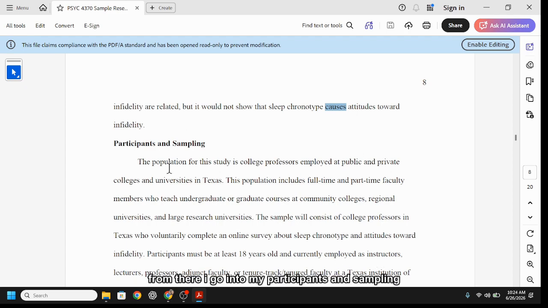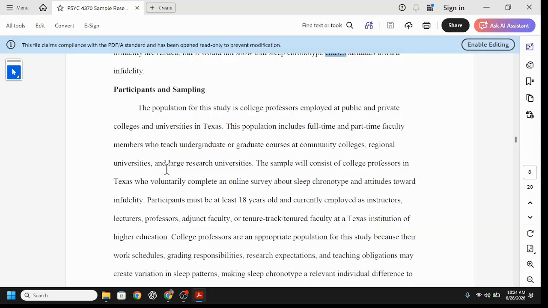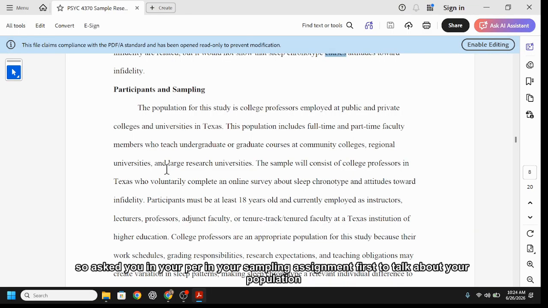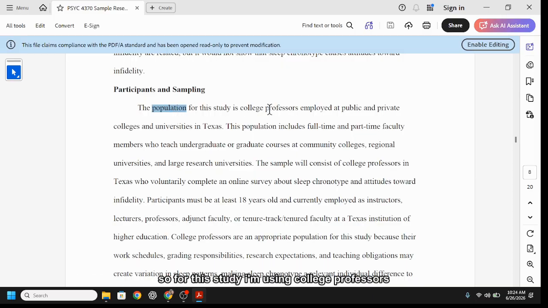From there, I go into my participants and sampling. So I asked you in your sampling assignment first to talk about your population. For this study, I'm using college professors in public and private colleges and universities in Texas. They can be part-time, they can be full-time, they can teach graduate or undergraduate, they can be at a community college or a research university.